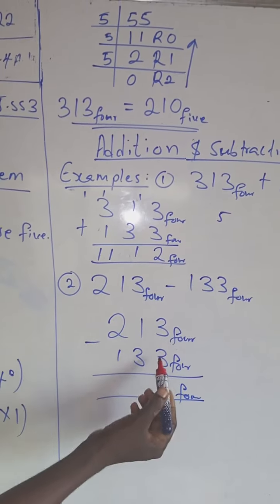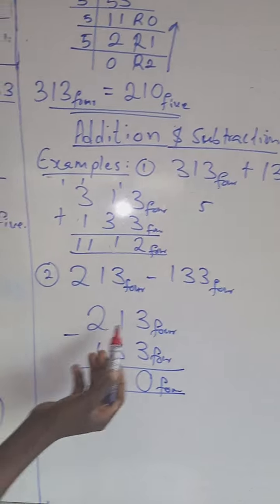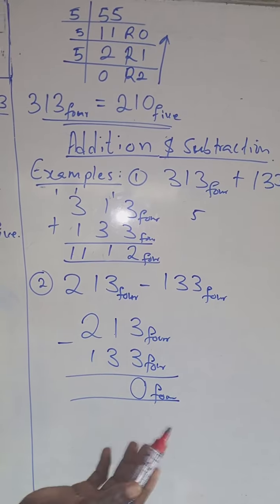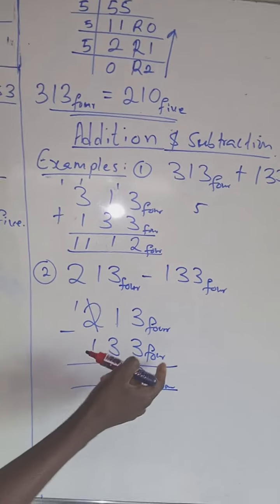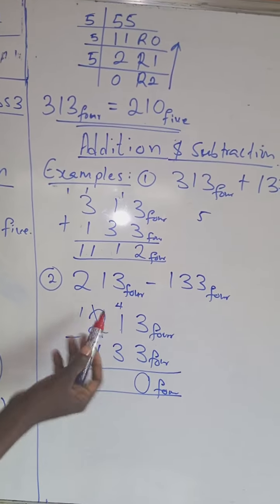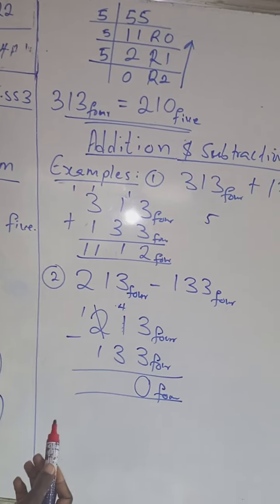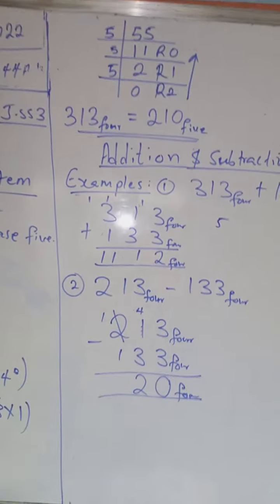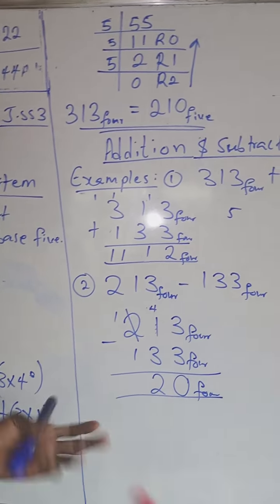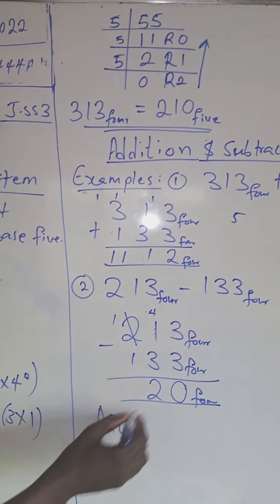We have 3 minus 3, that will be 0. It's not up to the base. 1 minus 3, of course, we say it's not possible. We borrow 1 here. That 1 will go as the base, so this one will become 5. So 5 minus 3 is going to give us 2. So this one is 0. I may write it and I may not write it. That is under addition and subtraction. And multiplication.